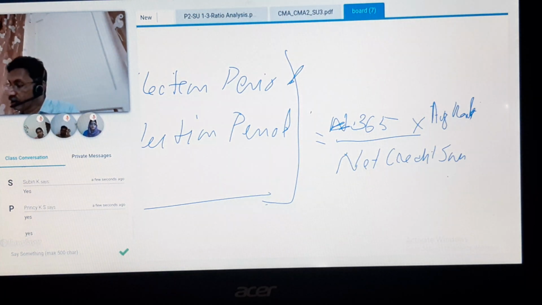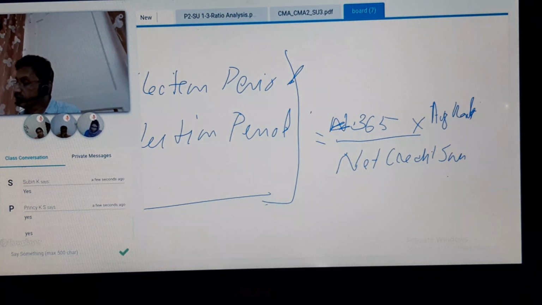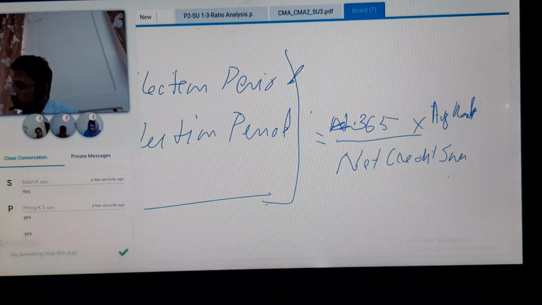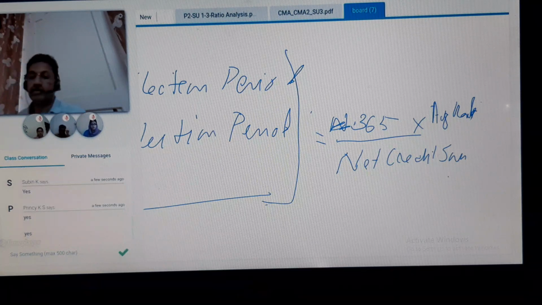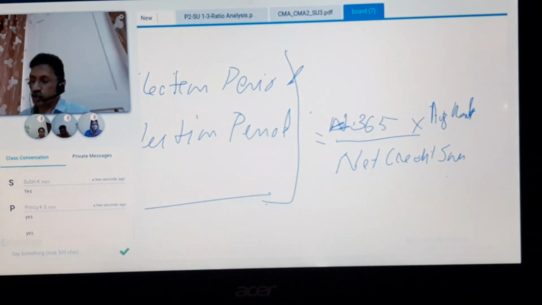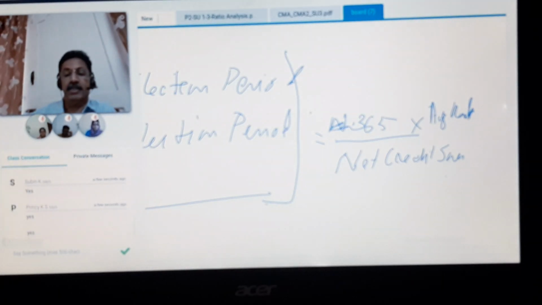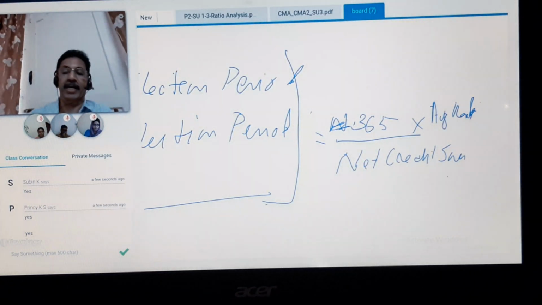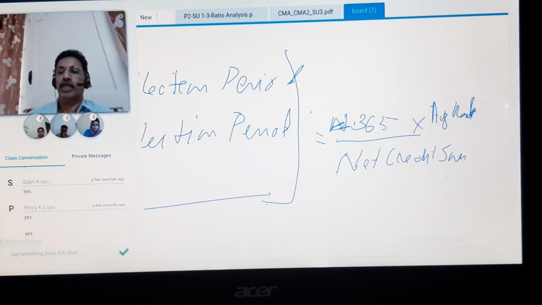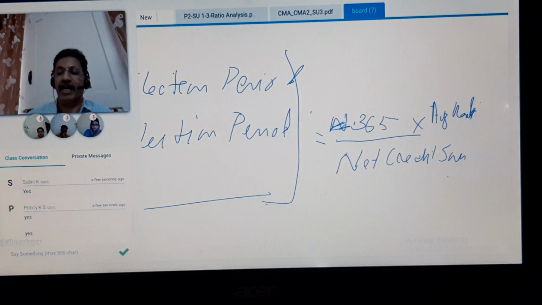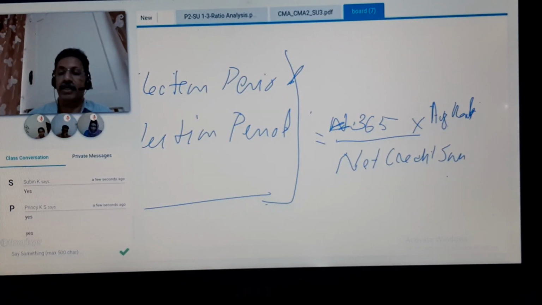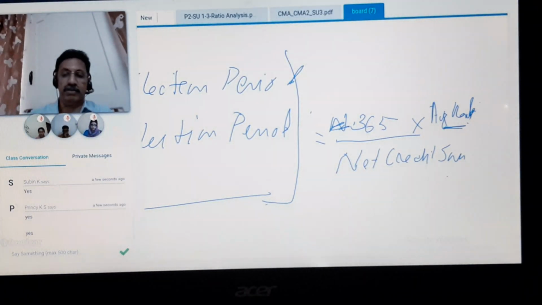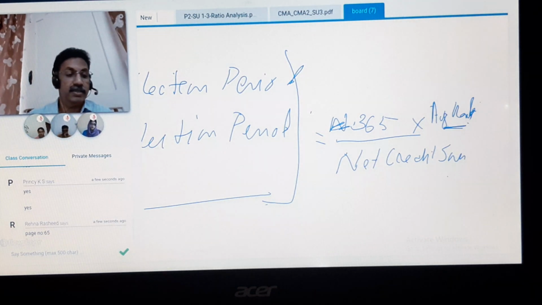So you have a formula. Anyway, it's not there. So you understood this concept for the credit sales as given in the financial statement. You need 365 days to generate that. So how many days of the sale is blocked in the average receivable, that's what you are trying to see, this page number 65.